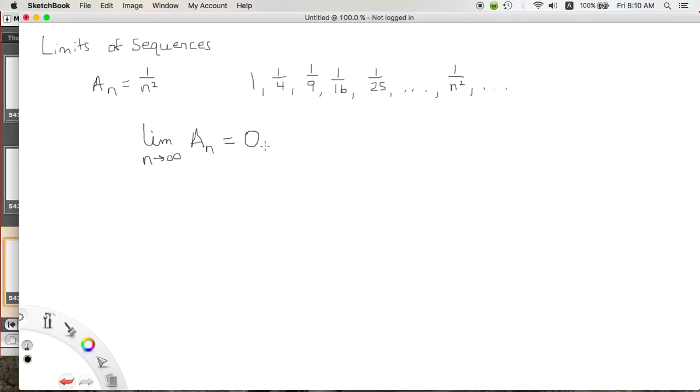Now, there's a fancy definition that I'll give you for limits, but we're not going to delve into that too much until you get to calculus, but I'll go ahead and give it to you.